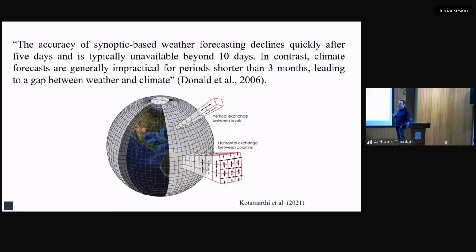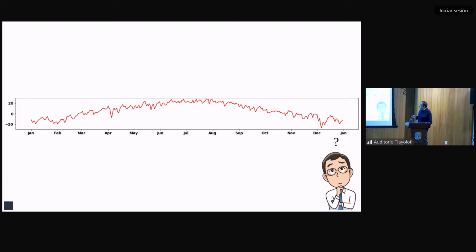So it's very important to connect these two forecasting worlds that are disconnected, not for physical reasons, but because of difficulties in connecting these two scales. Okay, so I'm going to try to explain to you how tropical waves appear in this discussion.